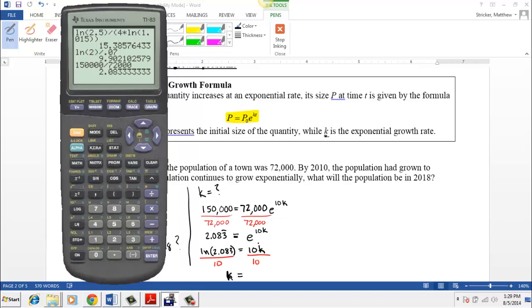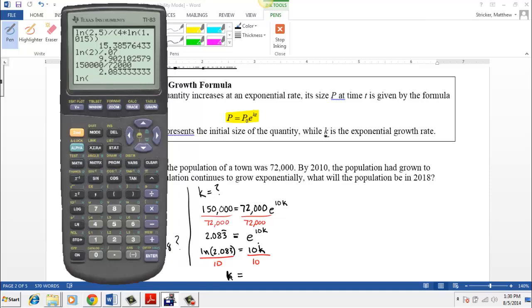And so we don't really want to round until the very end. I don't really want to write this as 2.083 because the answer is not 2.083. It's 2.0833333 and so on. So what we want to do is use the calculator's memory tool. We want to use the fact that the calculator stores this value, the whole value. And the way we do that is we say natural log, and then we don't just want to type in 2.083.